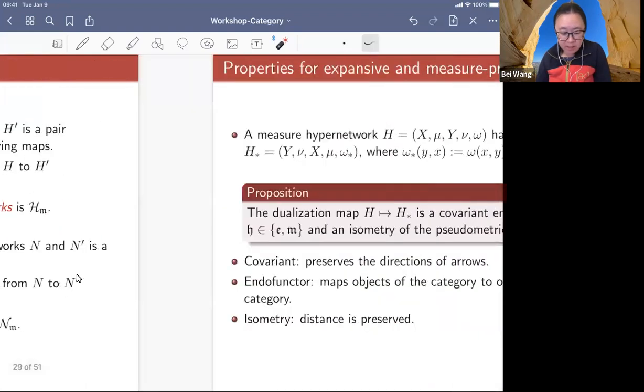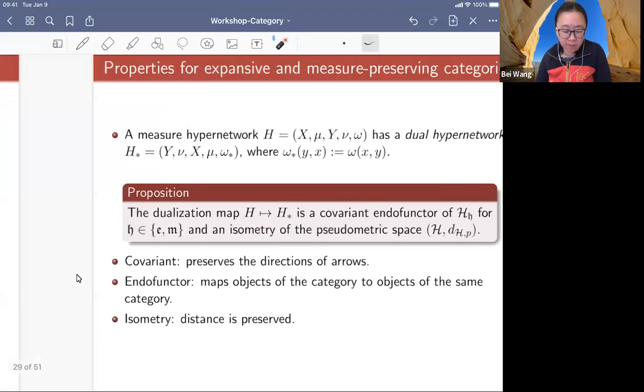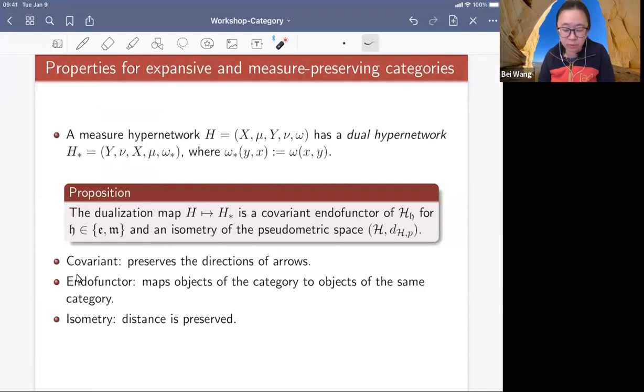And finally, we also have this dual version. Remember, I can take a hypergraph and take its dual. So you can also think about there being a dual hypernetwork for a given measure hypernetwork, which is basically just switching the role between the edge and hyperedge.